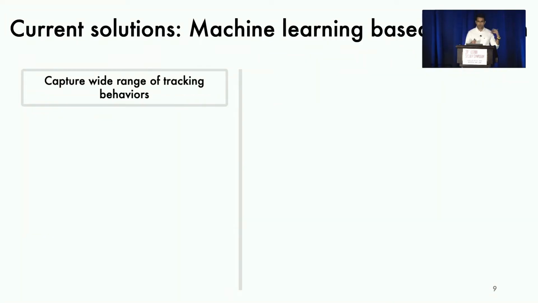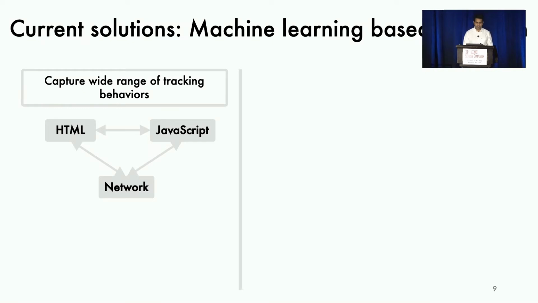These heuristics have also been improved with the help of machine learning, where the idea is to generalize on a broad range of tracking behavior so that you can detect them very easily. The state-of-the-art approaches, like the one presented in the session earlier, try to organize the website execution in the form of graphs and use the execution traces of trackers to detect them.